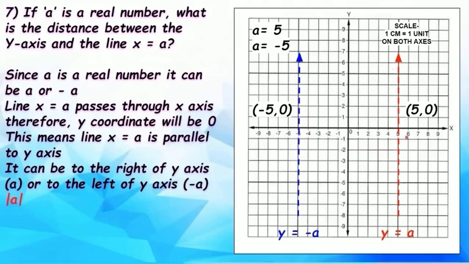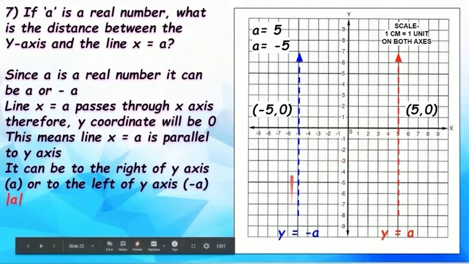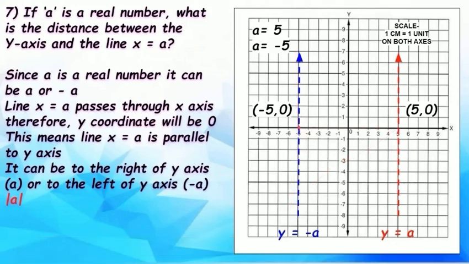If it intersects the x-axis at a certain point, here and here, the value of a will be either 5 or -5. So a here becomes 5 and a here becomes -5.